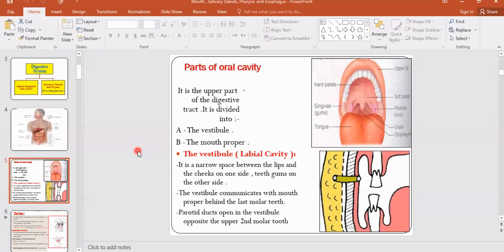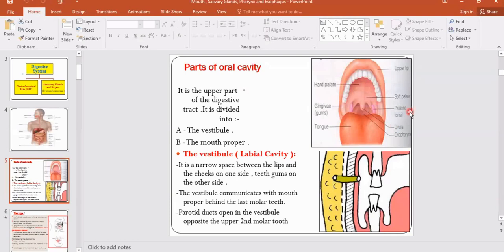Now, the oral cavity. Everybody knows it, definitely, as we daily brush our teeth. This vestibule is bordered by the lips anteriorly and the cheeks on the side.